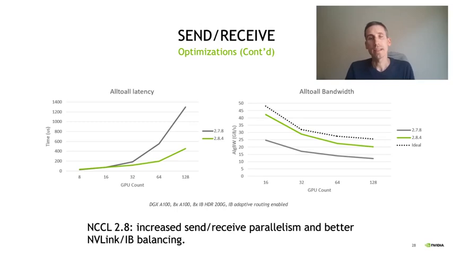For the bandwidth side, it was also improved, as you can see, and the way to improve it was to just improve the scheduling so that we wouldn't, for example, if I'm GPU 0, send to GPU 1, then 2, then 3, then 4, etc. until the last one, because that would mean that for all the first steps, I'm always talking through NVLink, and there's nothing happening on the network.